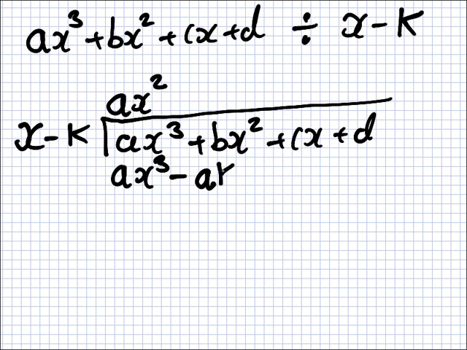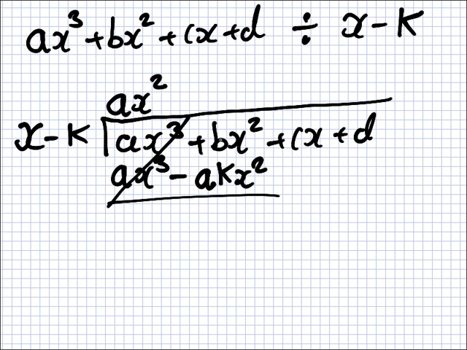akx squared. Can you see that? That's multiplying that. Right. Now we have to subtract. So the first two, obviously gone. These two can be added together.